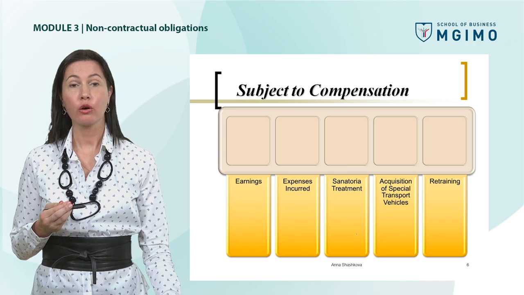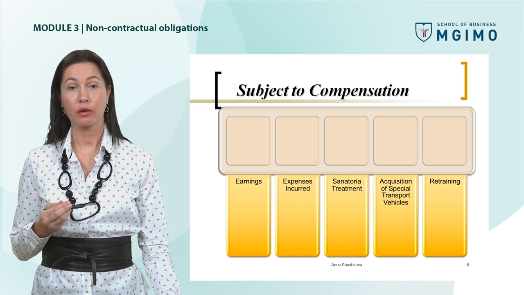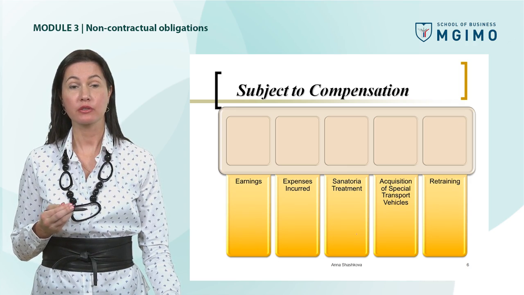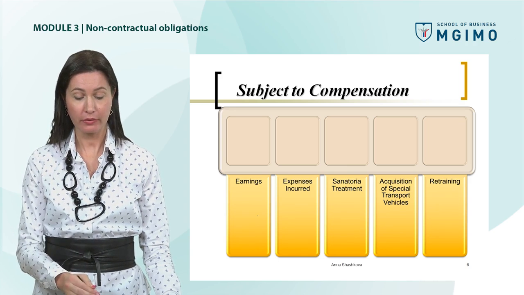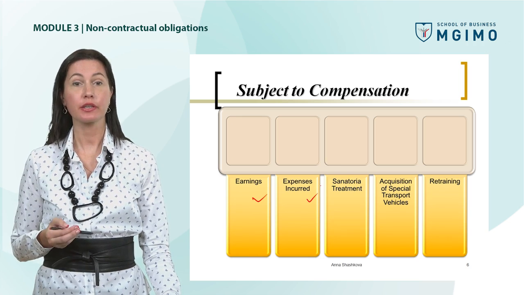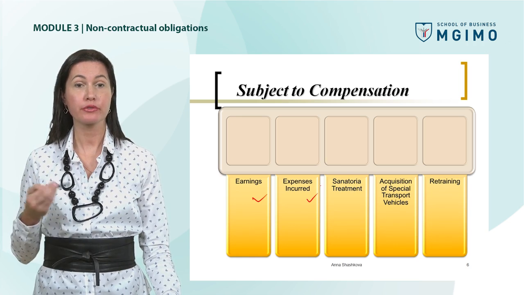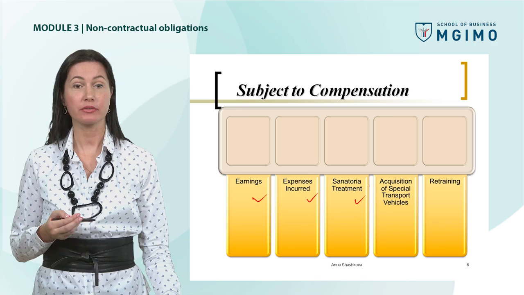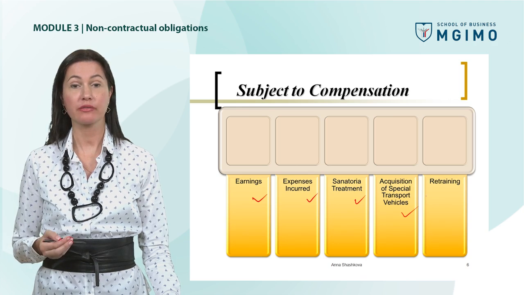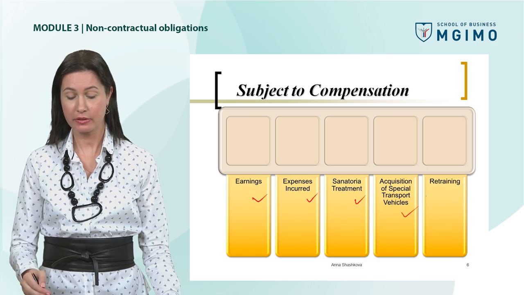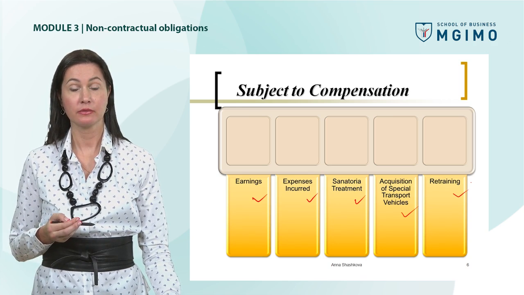What can be compensated? Quite long calculations if a person loses capacity to work, so earnings, expenses incurred to restore health, treatment, sanitary spa treatment, acquisition of special vehicles, for example, if a person becomes a disabled person, and retraining.